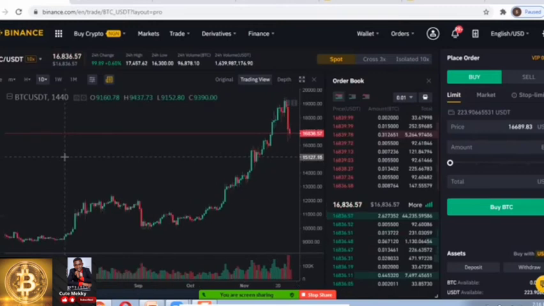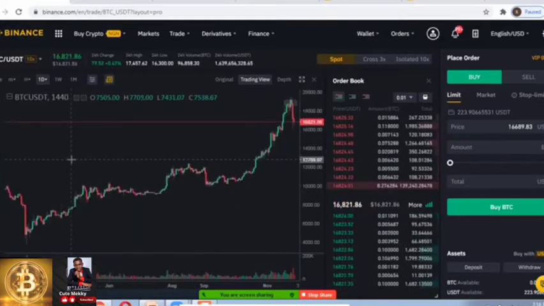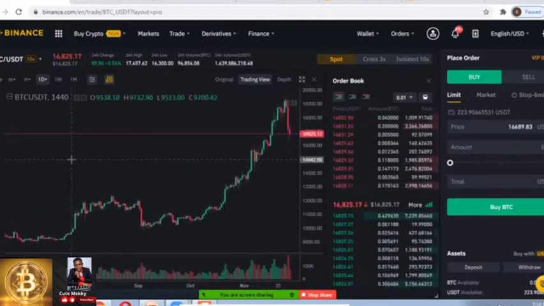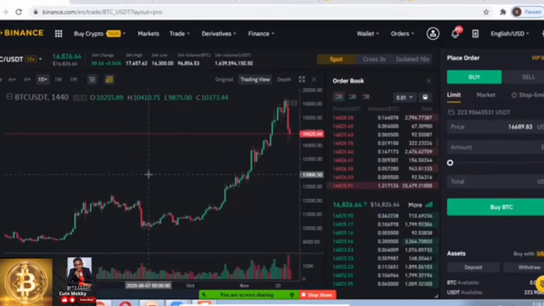Now what this chart does is it gives you historical data of what Bitcoin has done before and what it's doing right now. So with this data, you can analyze and tell what Bitcoin will do next. So with the help of this chart, you can predict the price of Bitcoin. That is what this chart does.